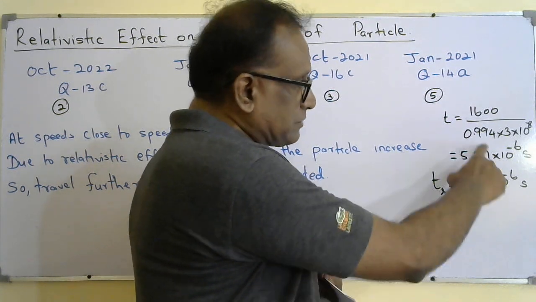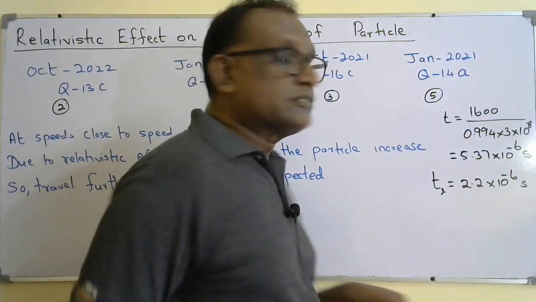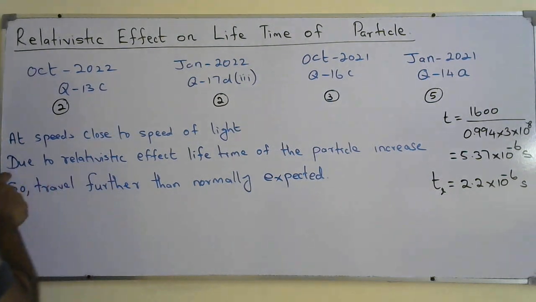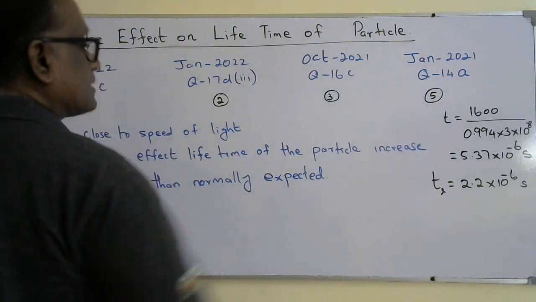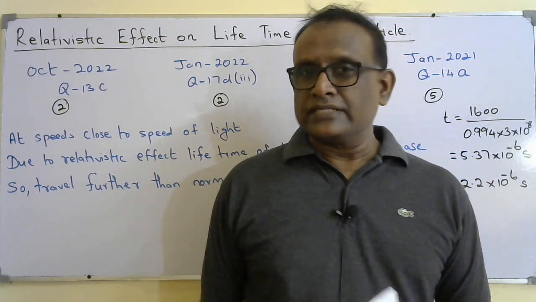But when it travels at a speed close to the speed of light, 0.994 times the speed of light, how does the lifetime increase? Most students ask to explain the second statement, how the lifetime increases due to the relativistic effect. How is it possible?